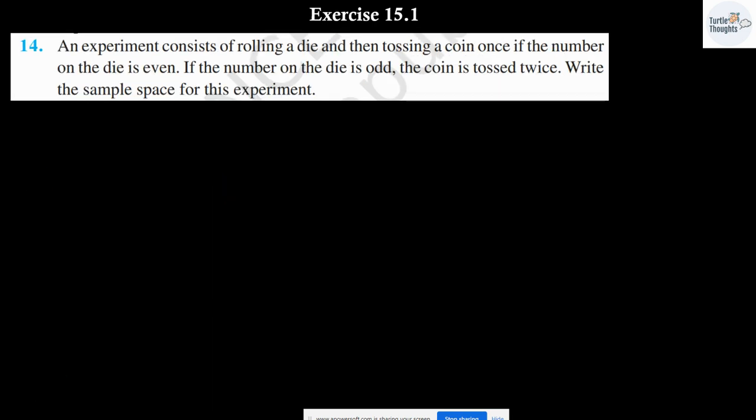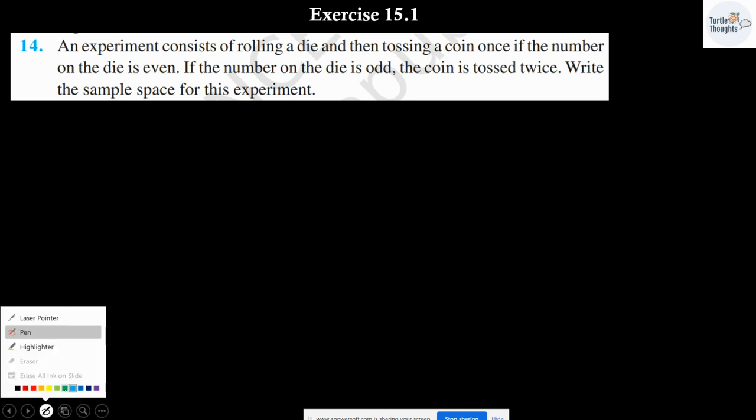Question number 14. An experiment consists of rolling a die, then tossing a coin once if the number on the die is even. If the number on the die is odd, the coin is tossed twice. Write the sample space for this experiment. This is our question.